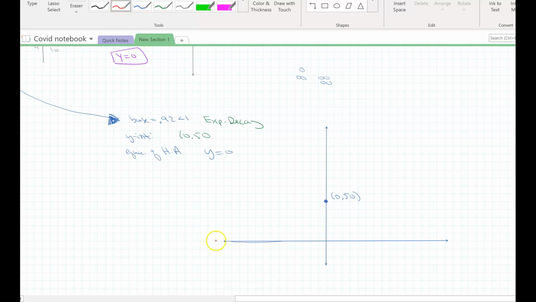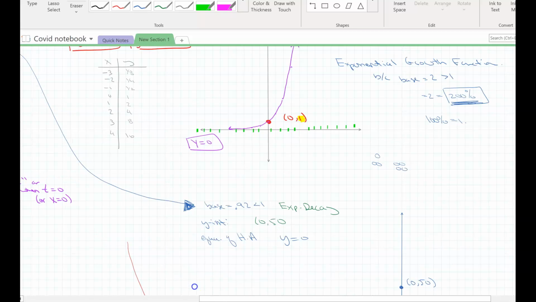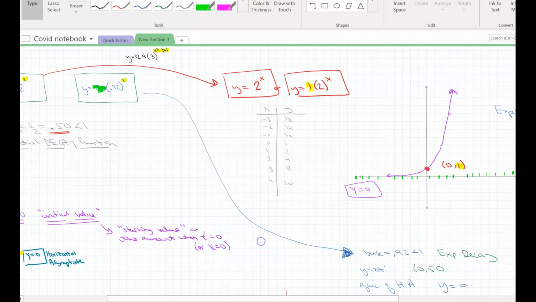I have a horizontal asymptote at y equals 0. And I generally know that an exponential decay function has this general shape. Let's just add this exponential decay, and what amount am I losing with each change in x? I'm losing a percent with each change in x. I'm losing 8% with each change in x, okay?